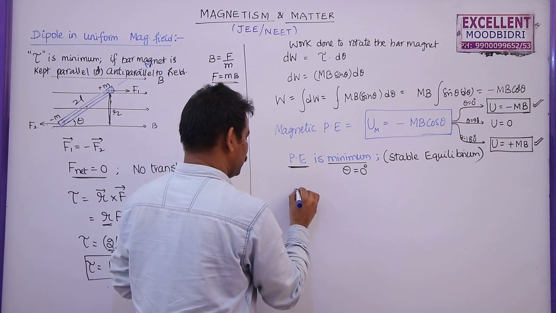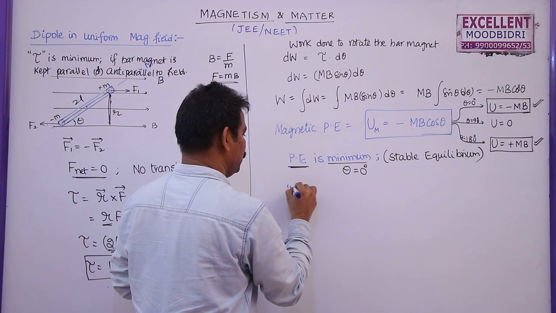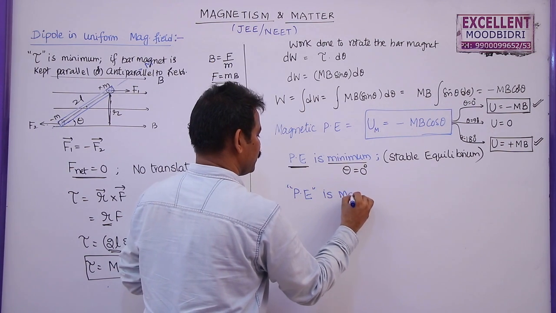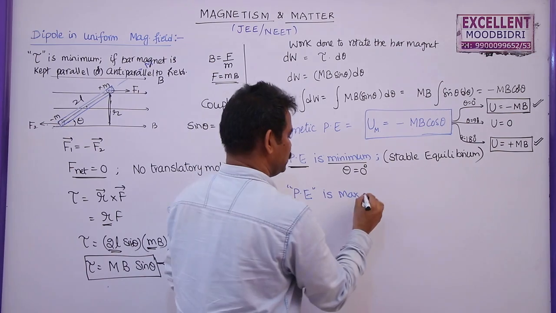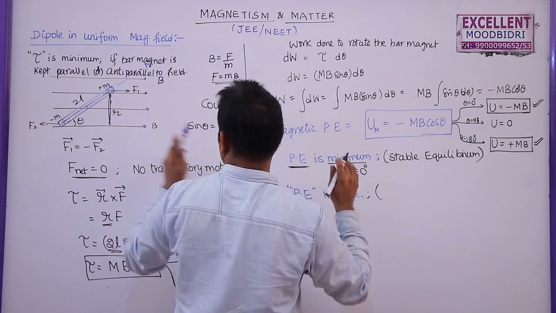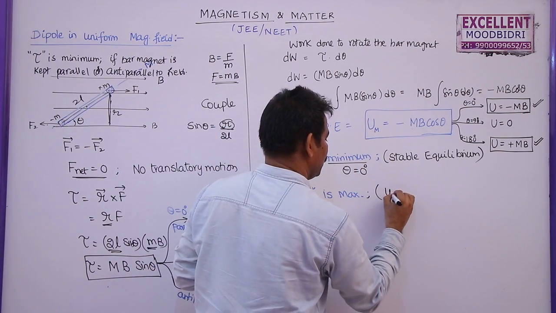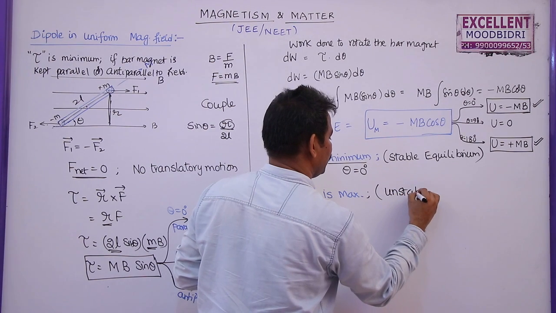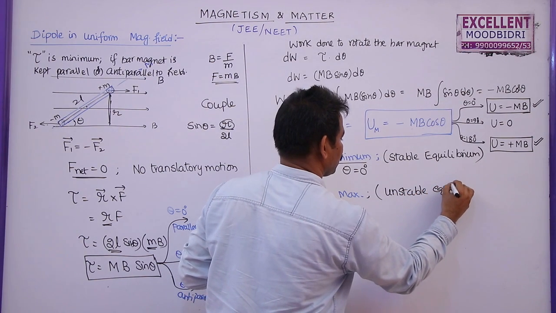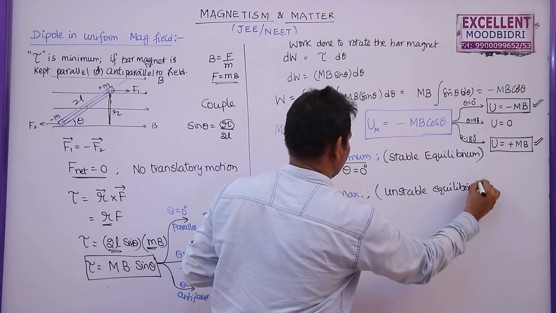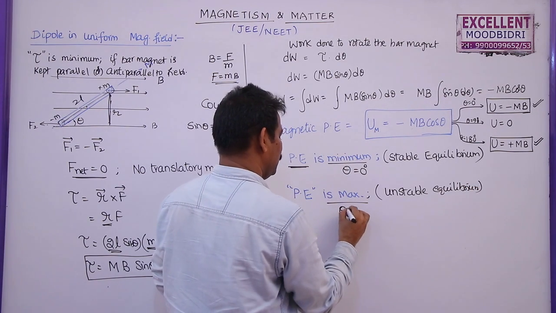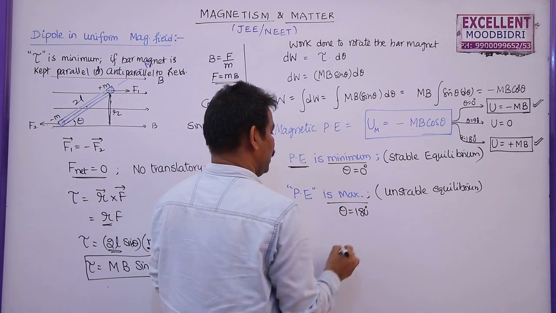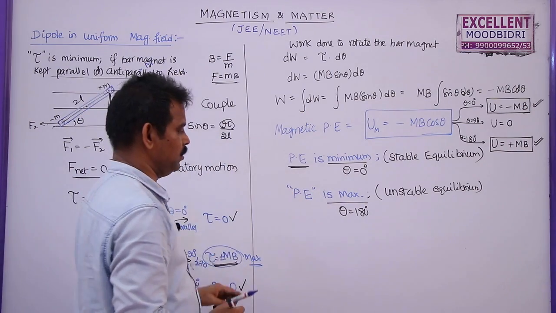Similarly, if the potential energy of a dipole is maximum, then the magnetic dipole or bar magnet is said to be in unstable equilibrium. And this is possible if theta is 180 degrees, or anti-parallel to the field.